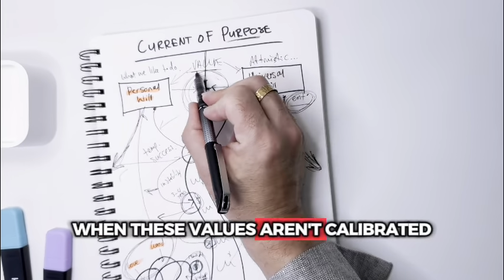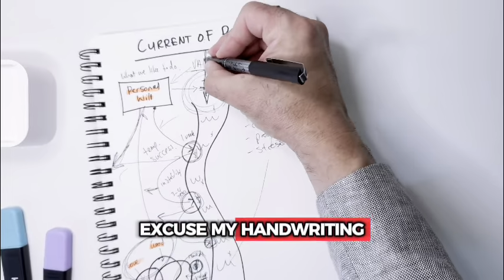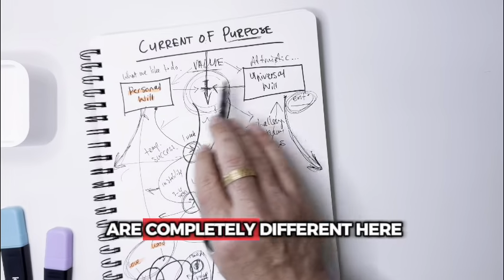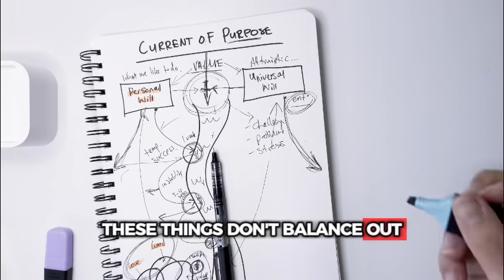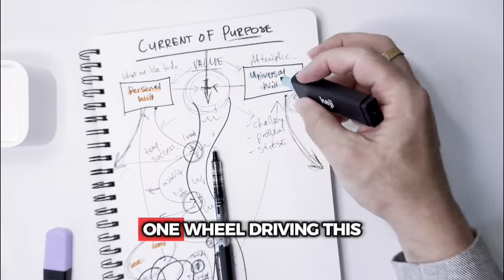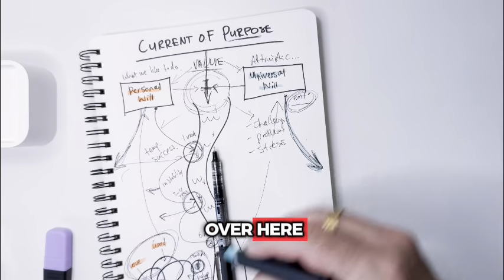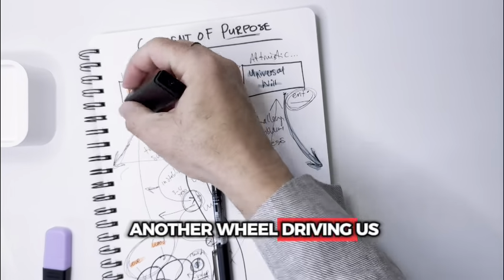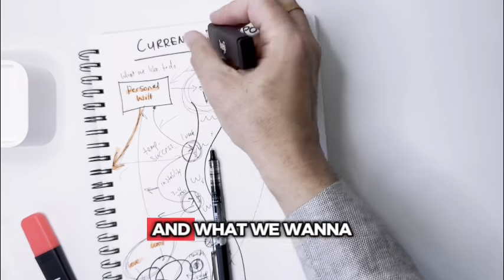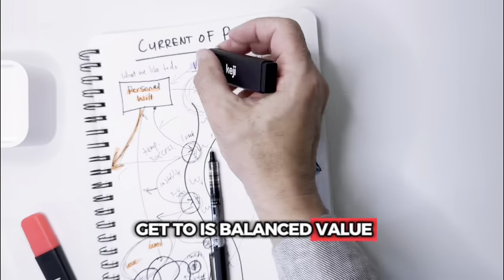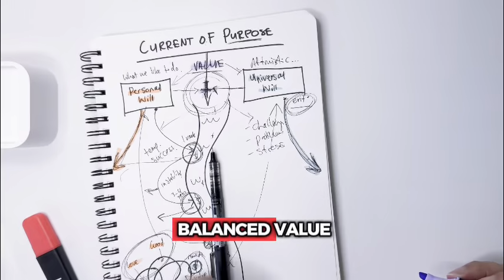When these values aren't calibrated, excuse my handwriting, right? When the values are completely different here, these things don't balance out, right? So we have one will driving us over here, and then we have another will driving us over here because the value's not balanced. And what we want to get to is balanced value, right? We want this balanced value.